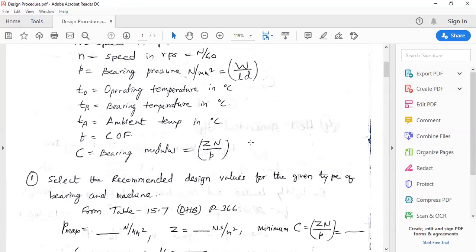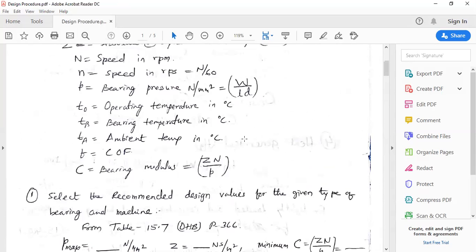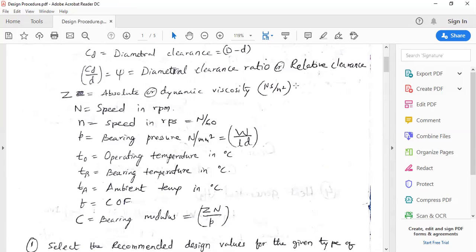Here, the notation Z is in Newton second per meter square, or it may be given in centipoise. Centipoise is to be converted into Newton second per meter square. For example, if it is given as 25 centipoise, that is to be multiplied by 10 raised to minus 3, so 25 centipoise is equal to 25 into 10 raised to minus 3.